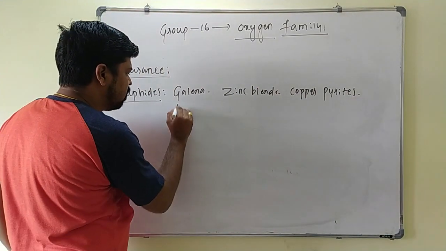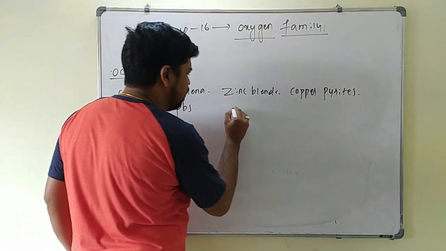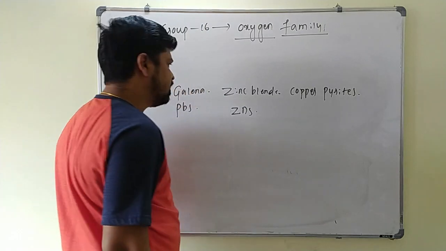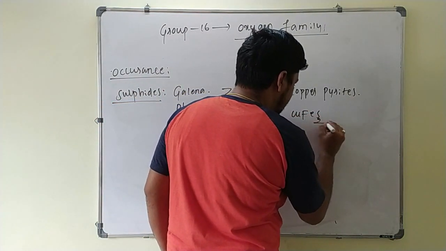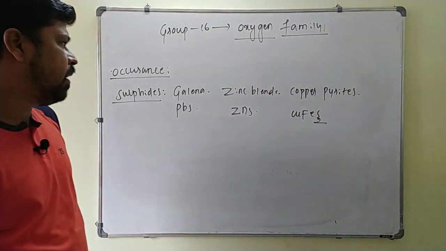Galena is nothing but PbS, lead sulphide. Zinc blende is nothing but zinc sulphide and copper pyrites is CuFeS2.